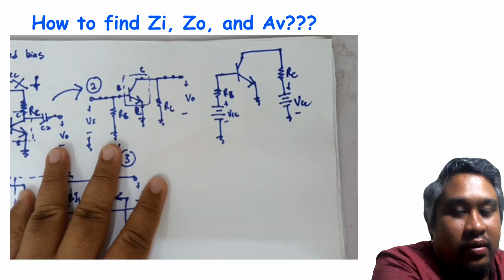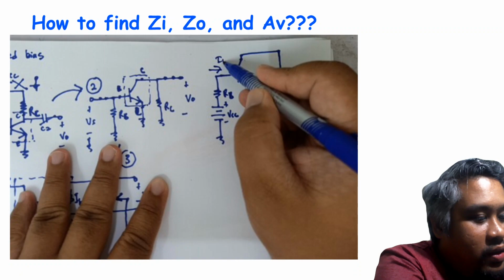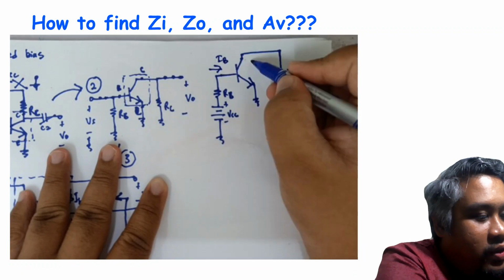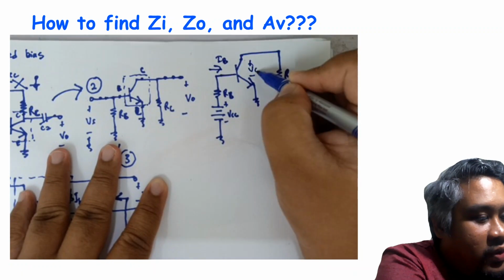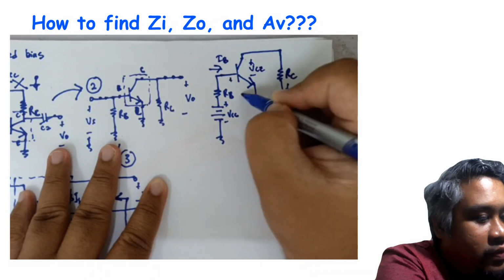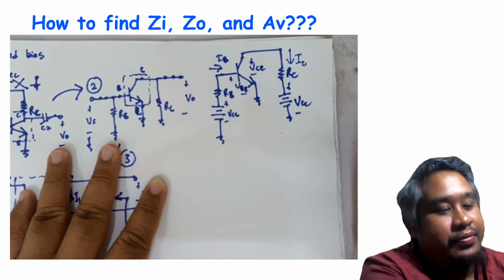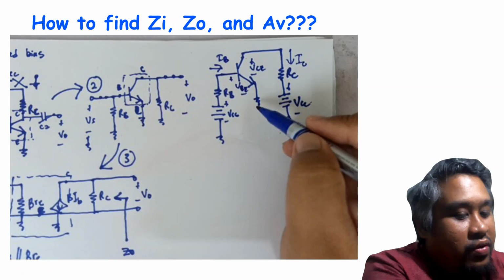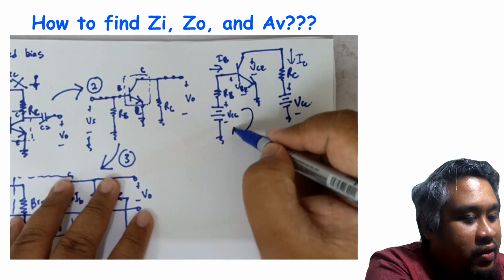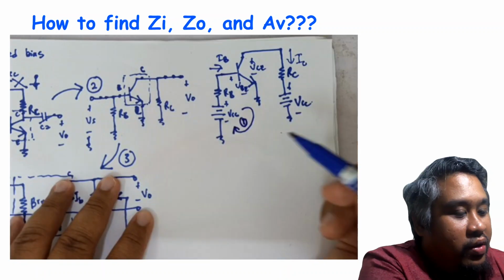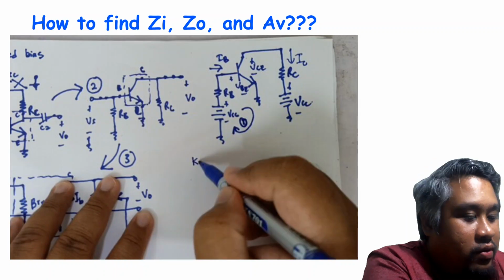This one we have IB, we have positive, negative VCE, we have positive, negative VBE, and then we have IC, and so on. So to find IE, we first have to find IB. Then we are going to do KVL at loop 1.